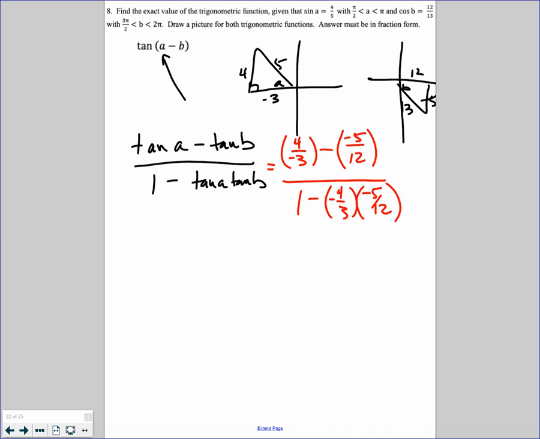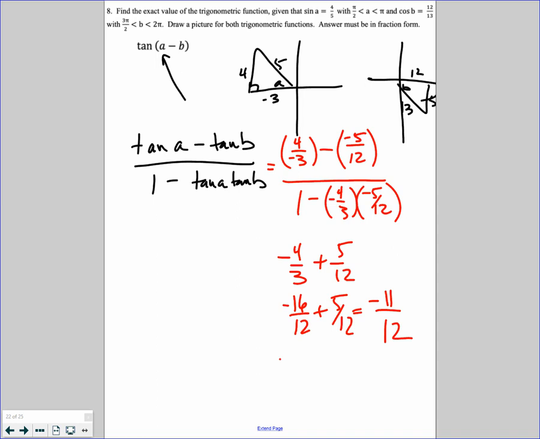I have -4/3 minus -5/12. So the -4/3 plus 5/12. Common denominator would be 12, so I need to multiply this one by 4. So I've got -16/12 plus 5/12. The top is -11/12.